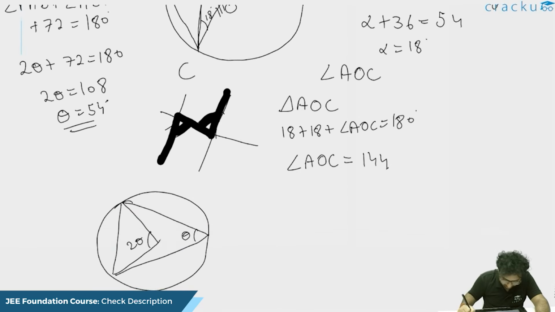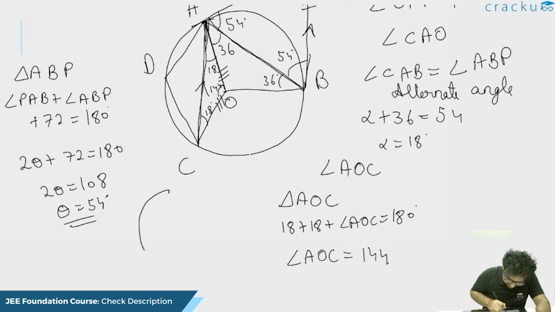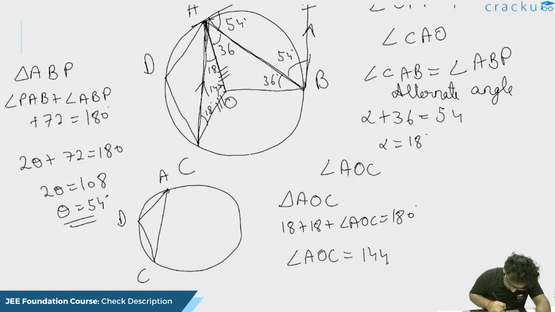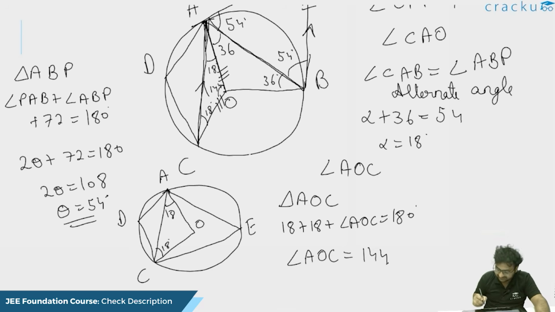So I will make a new diagram. Okay, so if we see this, ACD, and this would be some random point E, and this is O. Okay, so we know this is 18, this is 18, so 18 plus 18 is 36, and we found AOC as 144.